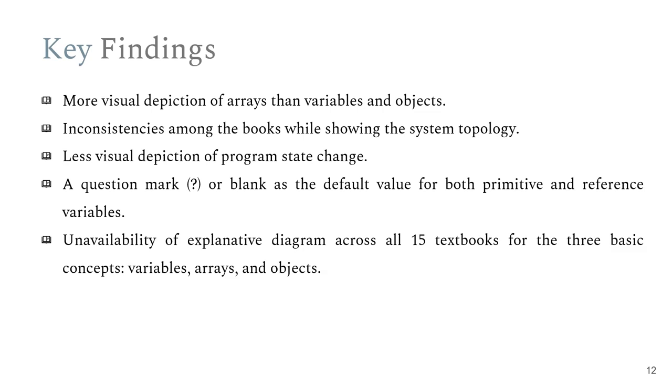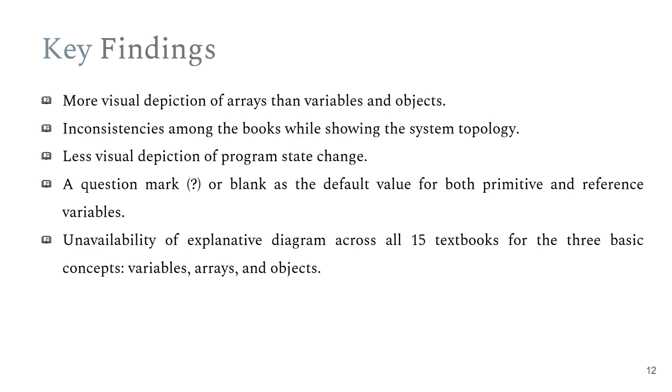Moreover, the books which provided diagrams of state changes put a question mark or showed blank as a default value when the array was declared or instantiated, for the primitive or the reference variable. This can accelerate the already existing misconception in the literature that primitive types have no default value.